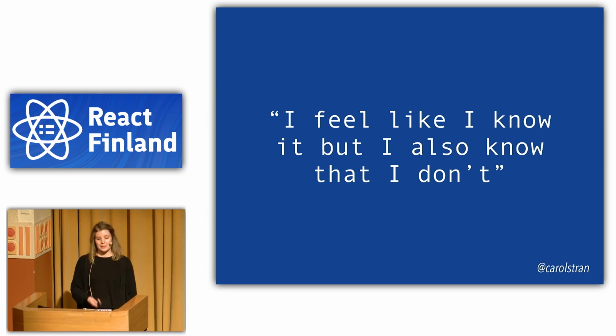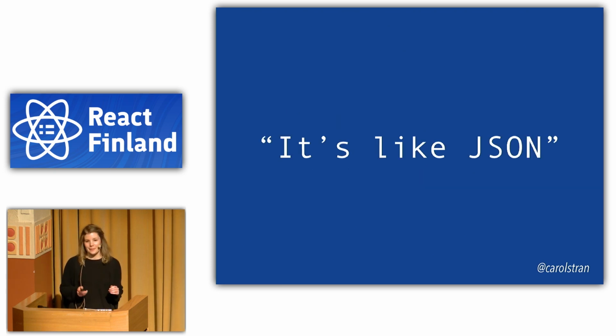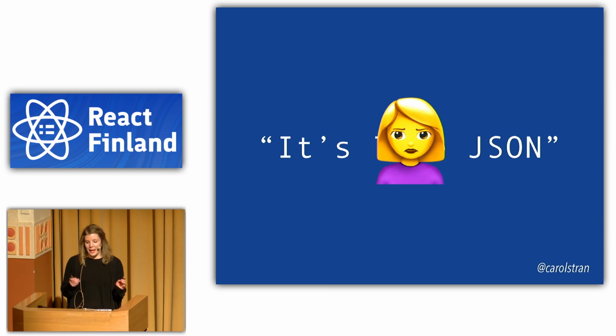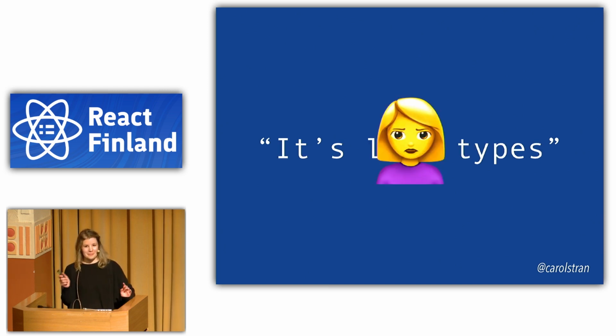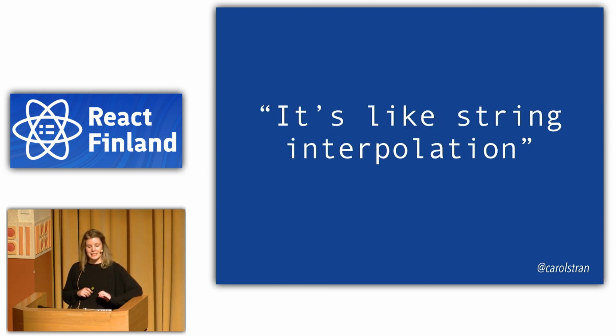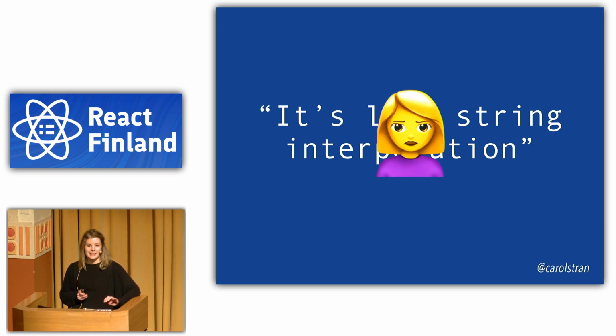And this is understandable, especially when you're first learning and people are saying things to you like, it's kind of like JSON, but not really. It's kind of like types, but not really. And finally, it's kind of like string interpolation, but not really.